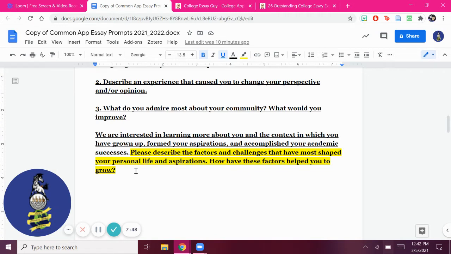So this is about any challenges or particular experiences that you have risen up through. And there are many different ways to address this, and I will touch on that a bit later on.